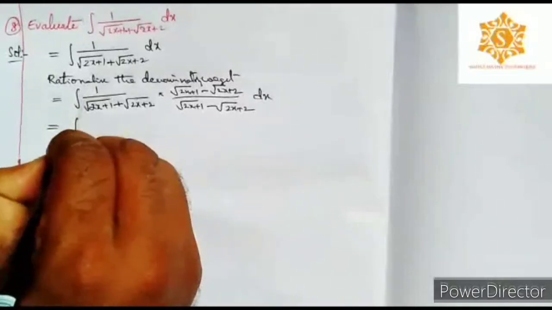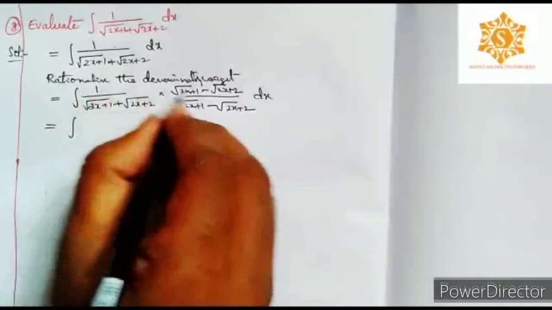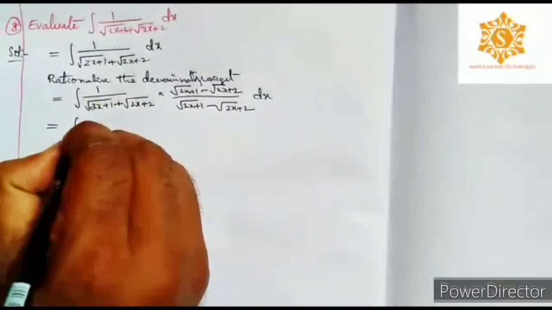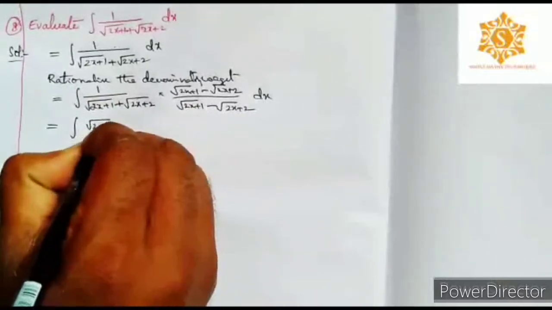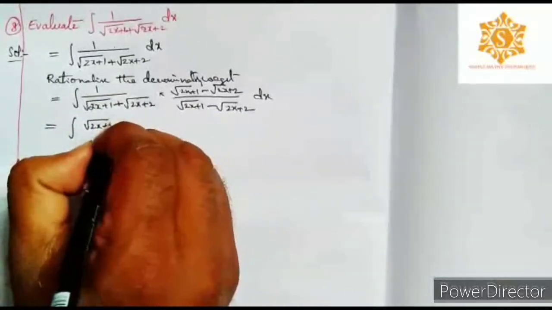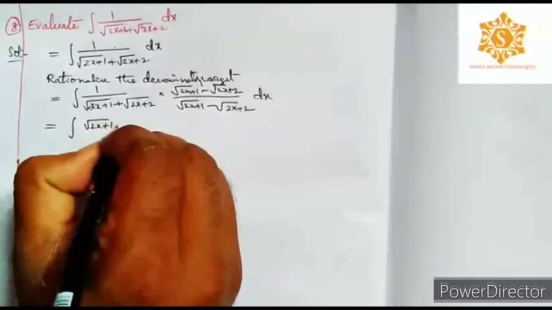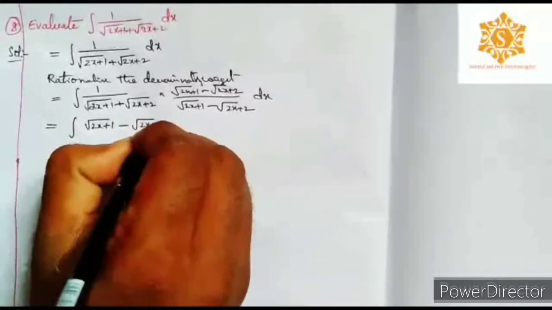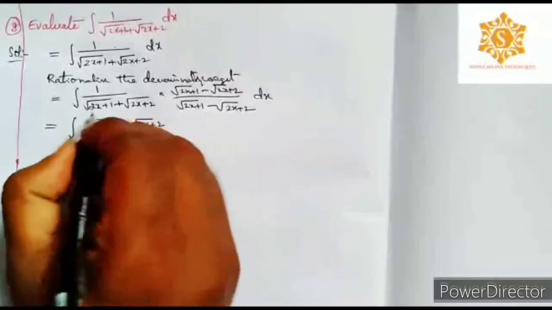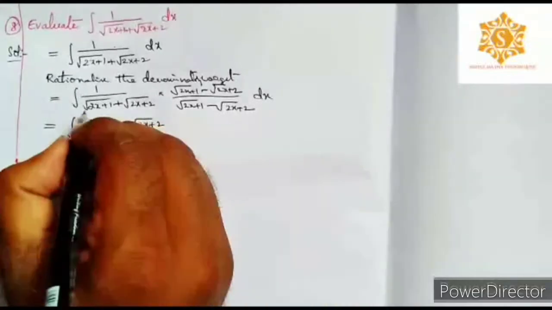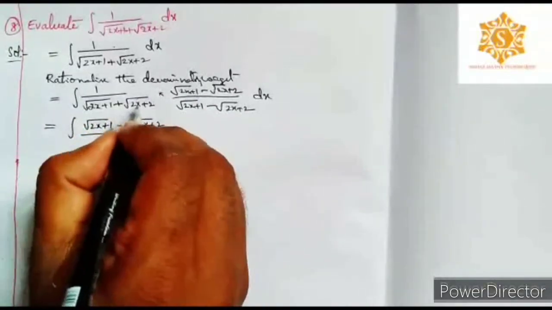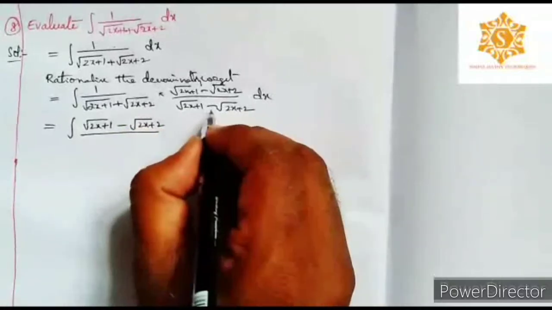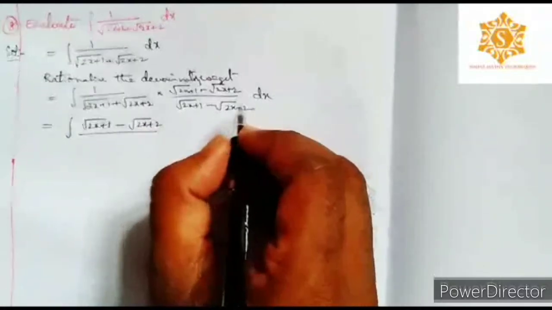So now we get the integration of, we multiply the numerator 1 into square root of (2x+1) minus square root of (2x+2). We get square root of (2x+1) minus square root of (2x+2), by multiplying the denominator, square root of (2x+1) plus square root of (2x+2) into square root of (2x+1) minus square root of (2x+2).